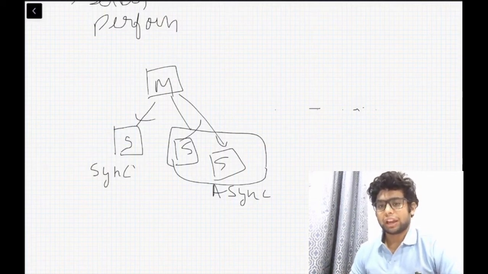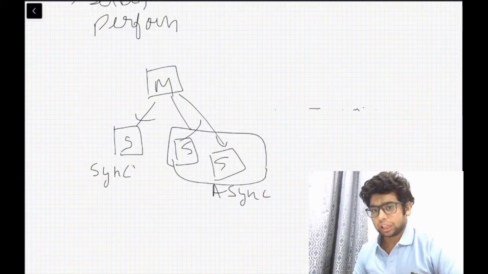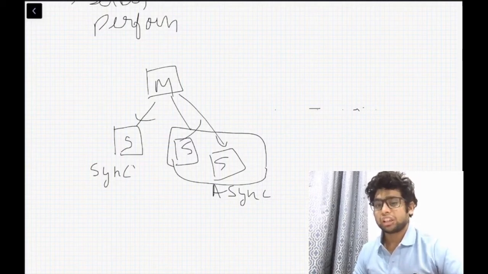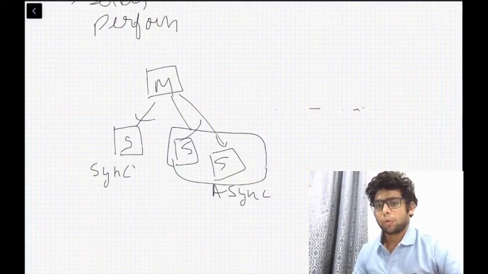Also, why don't we make synchronous the default? The problem is that, let's say we have all our slaves as synchronous and one slave goes down. Your write operation will keep on waiting on that non-working slave, so your write operation won't be able to complete.